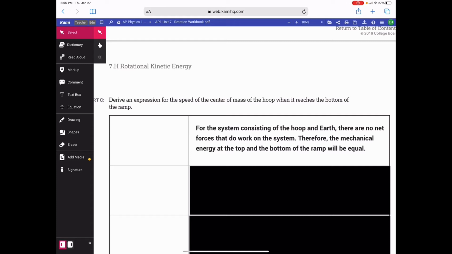Therefore, the mechanical energy at the top will equal the mechanical energy at the bottom. E initial equals E final. Initial is at the top. Final is at the bottom.